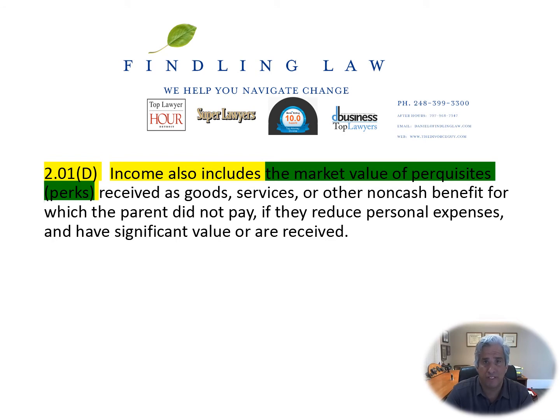Health insurance benefits paid for by your employers, perks and other types of benefits that you receive independent of the 1099, the W-2, or for that matter, a K-1 distribution, can be determined income for purposes of child support. So during the course of discovery, when we're trying to establish the nature and extent of the estate, we're also going to ask questions pertaining to other forms of income.